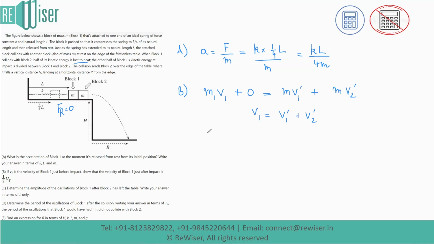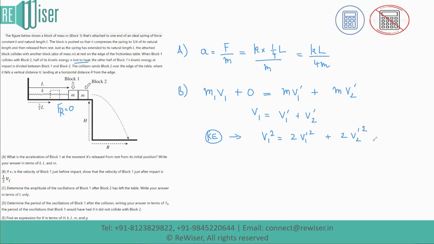So from the kinetic energy distribution, I end up with the following velocity equation. That is, V1 the whole square is equal to 2 V1 dash the whole square plus 2 V2 dash the whole square.